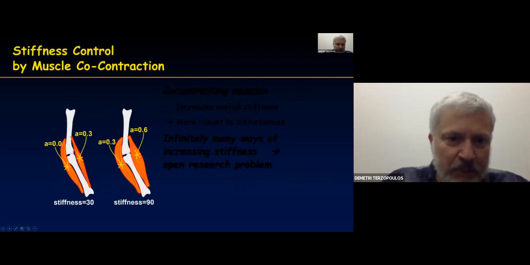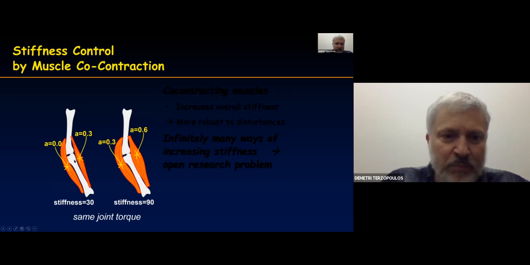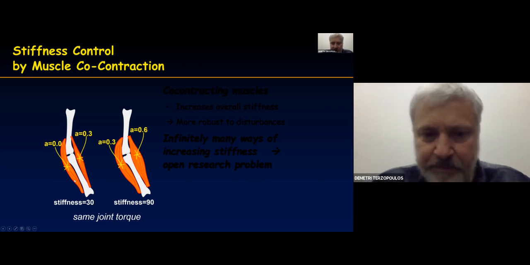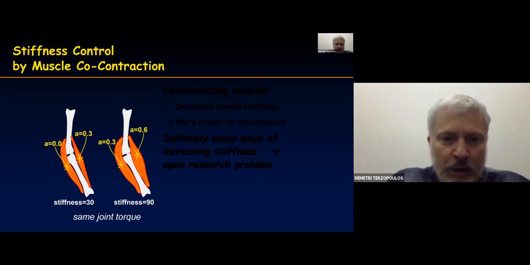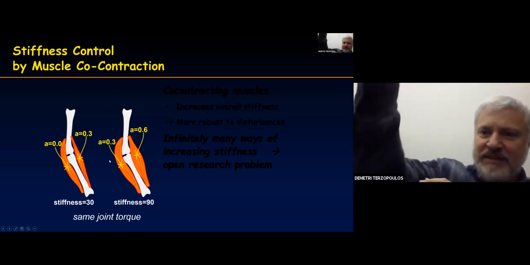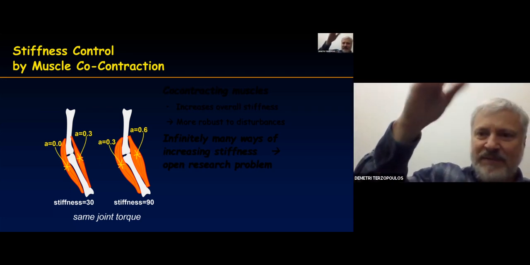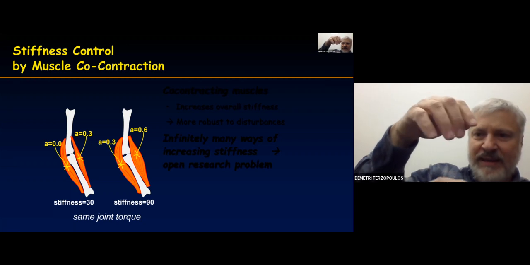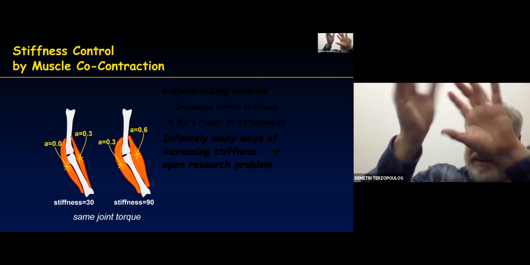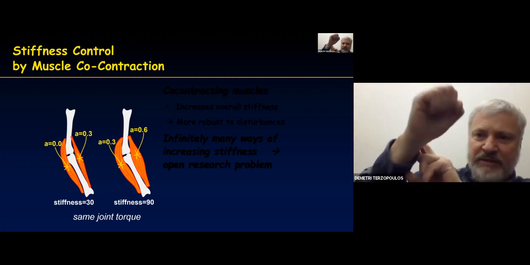So here, for example, we're going to put these two muscles around these two bones, and this is how the body can control stiffness by co-activating the pairs of muscles. For example, I don't know if you could see this, here's my arm, and my wrist over here, and I've got pairs of muscles on both sides of the wrist.